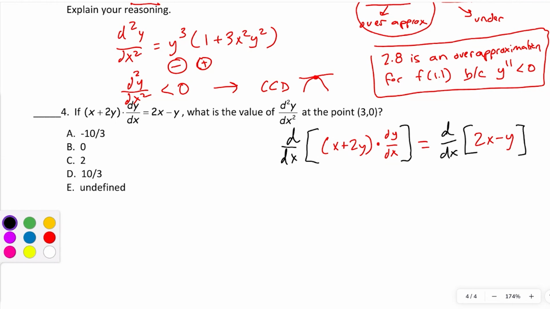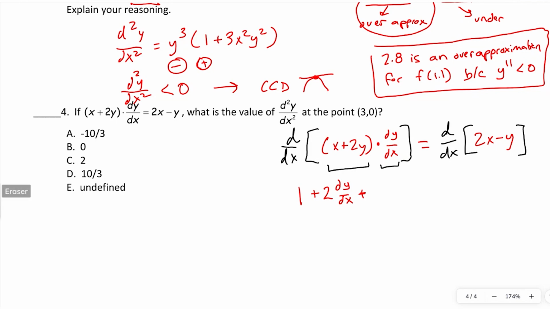Okay, so on the left-hand side, we're going to have to use the product rule. So we have this times this. And so, let's go ahead and execute that. So the derivative of the first is going to be, derivative of x is 1, and the derivative of 2y is just 2 times dy/dx, times the second.